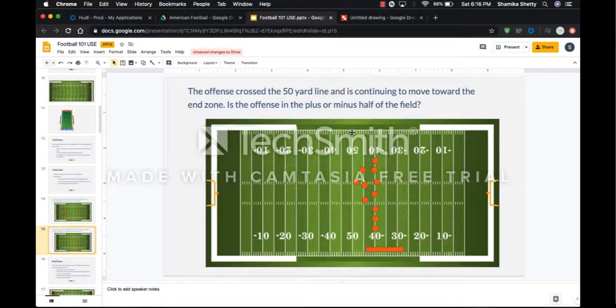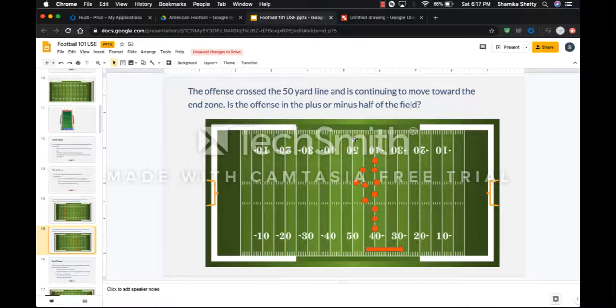Let's count the yard line. This is 50. This is 0. So this is where it scores the goal. This yard line right next to 50 can't be 51. There is no 51 in this. We have to clearly understand why it is not 51, because if it were 51, it would come between 50 and 60.